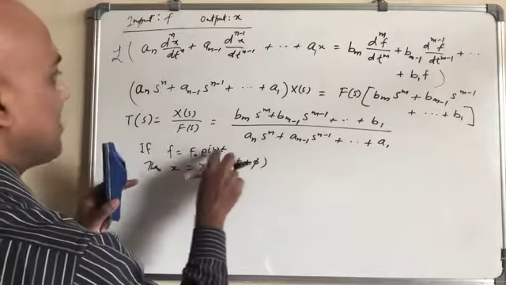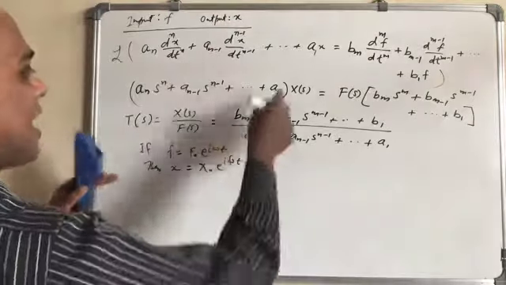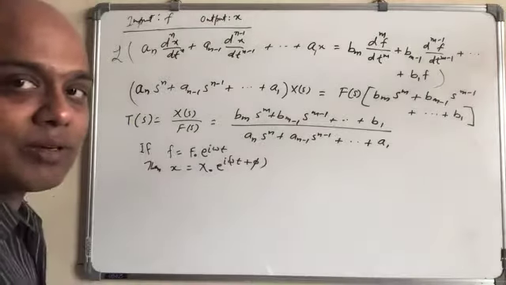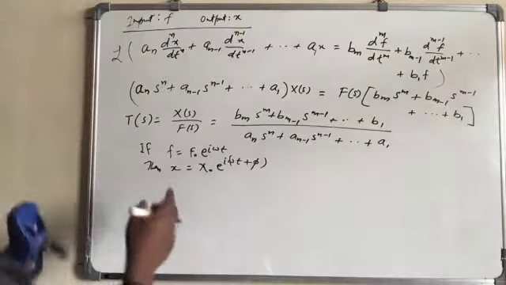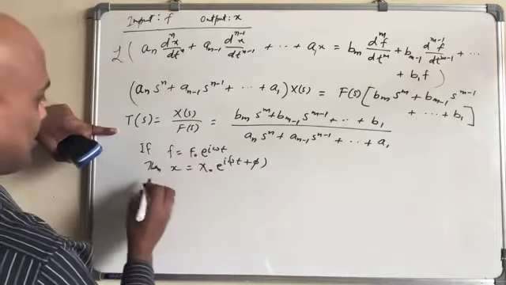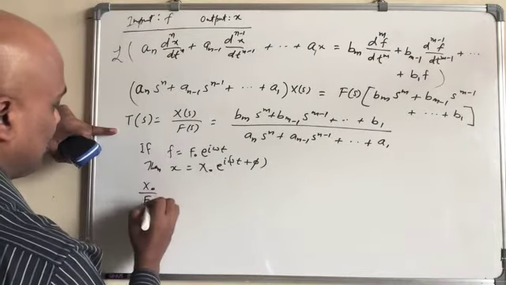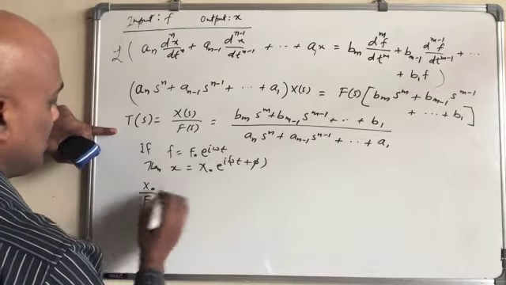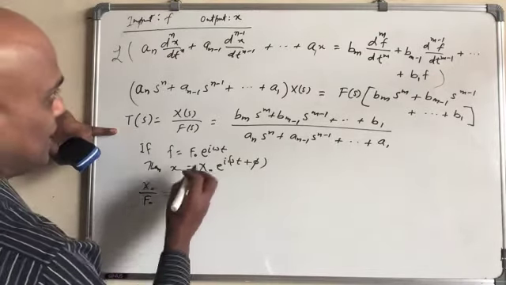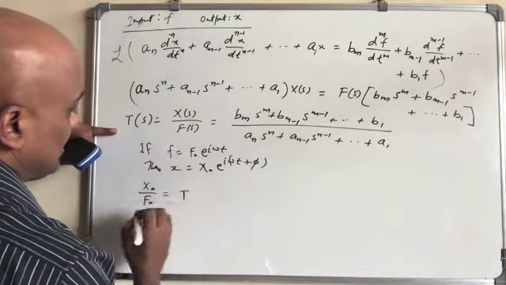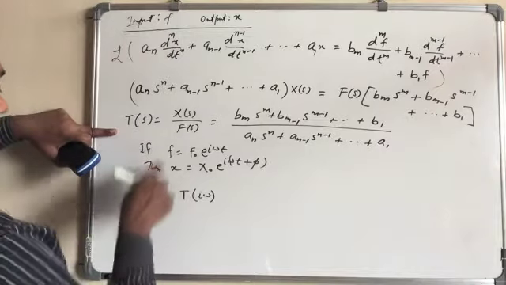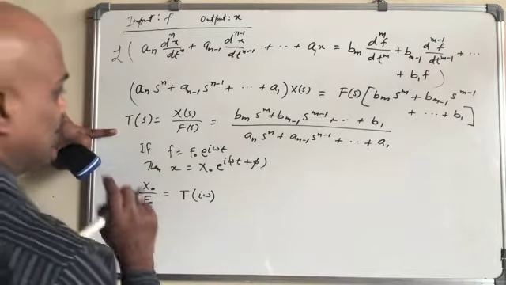Then you put this value into the differential equation and follow the same method that we did for the spring mass damper system, and you can find that in this case also x_0 over f_0 will be equal to simply the transfer function T(iω).